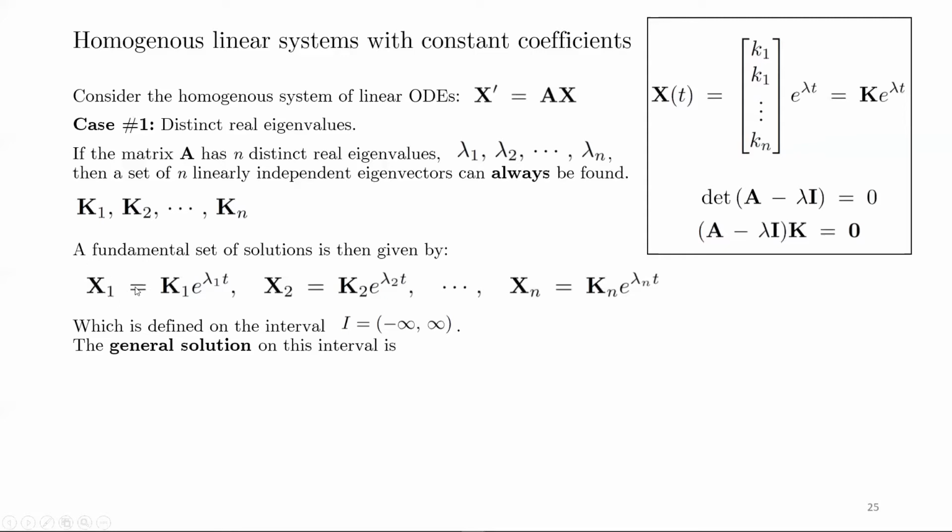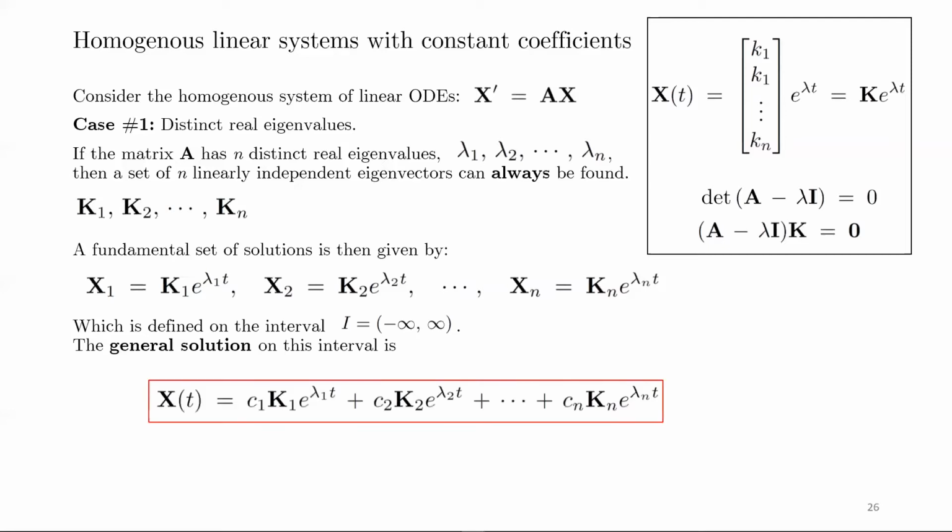So we've got x1 equals k1 times e to the lambda 1t, the first eigenvalue, the first eigenvector. x2 is equal to k2 e to the lambda 2t, the second eigenvalue, the second eigenvector, and so on. And of course, the general solution we learned in the previous class is just the linear combination of each of these solutions.